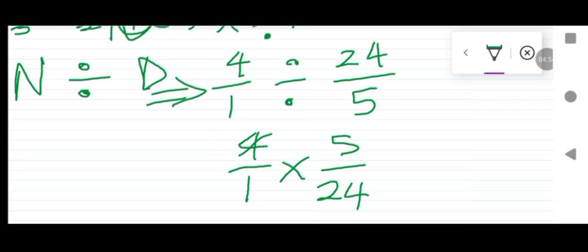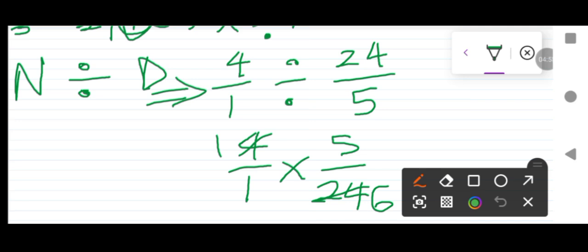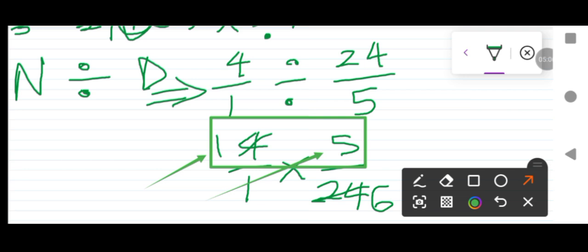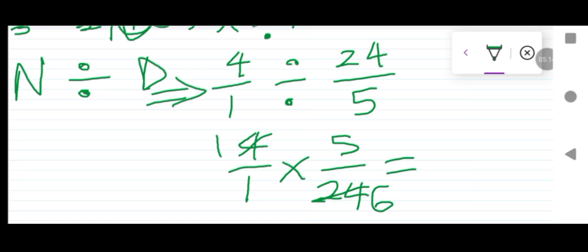So 4 here 1, 4 in this 6. And what we want to do now is the numerator right here, we're having 1 remaining. So 1 times 5, which is 5, right? And the denominator right here is 1 times 6, which is 6. So we have our result to be 5 over 6.